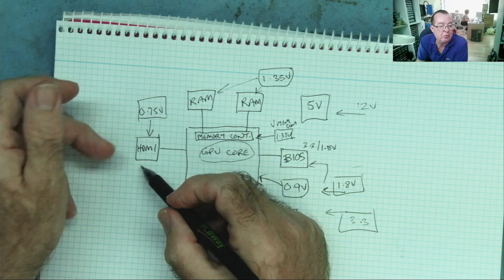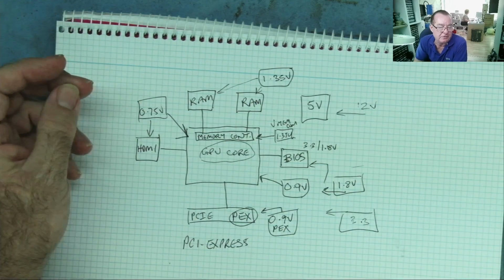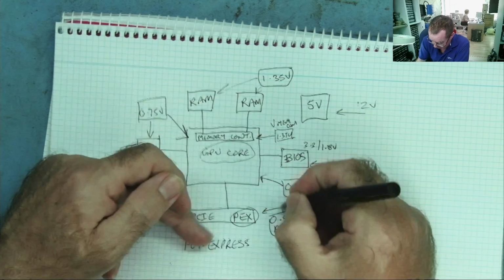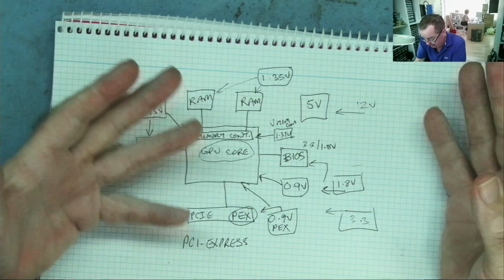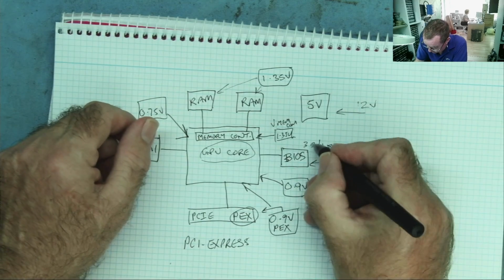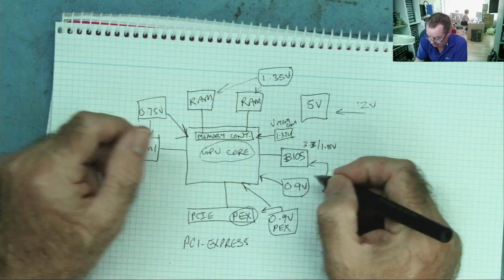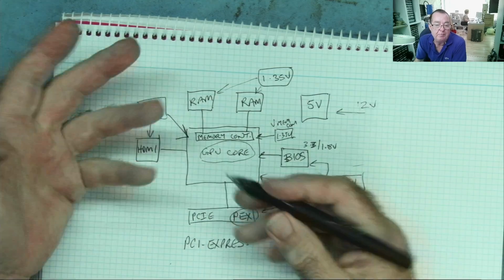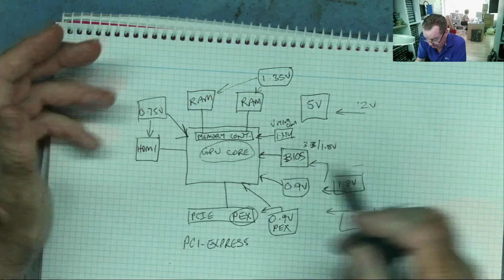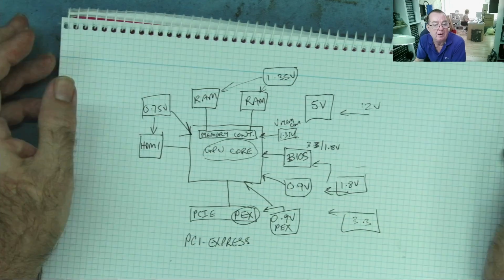Because the GPU is talking to the HDMI, it also has to have that voltage supply, 0.75 in a lot of cases. Because the GPU is talking to the PCI Express, it also needs this supply. So you can see that the GPU needs several supplies. It needs one more. Because it's talking to the BIOS, it needs a supply at whatever voltage the BIOS is on, so 3.3 or 1.8. So you can see that this itself has at least 1, 2, 3, 4 voltages, maybe 5, yeah?